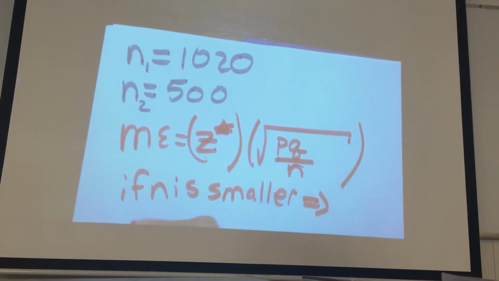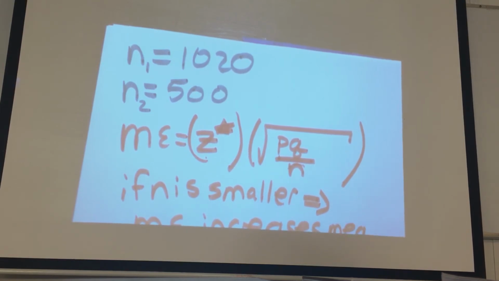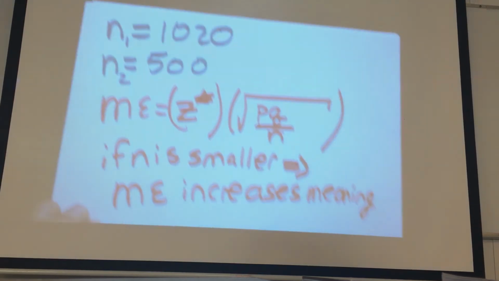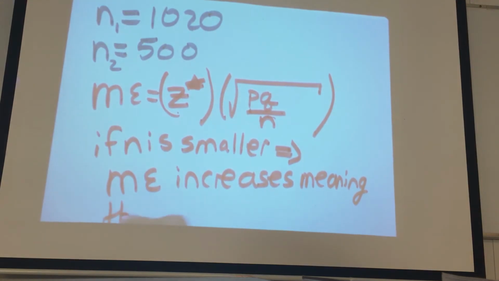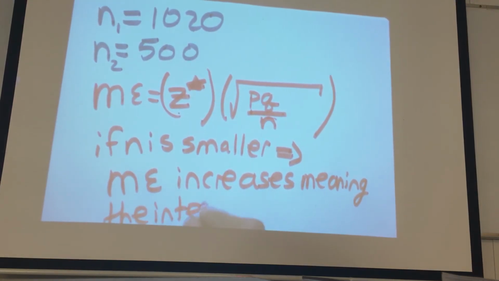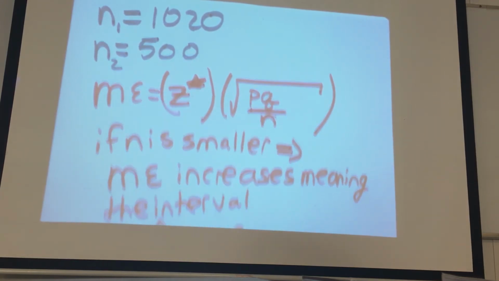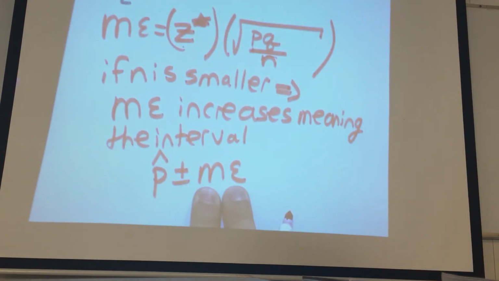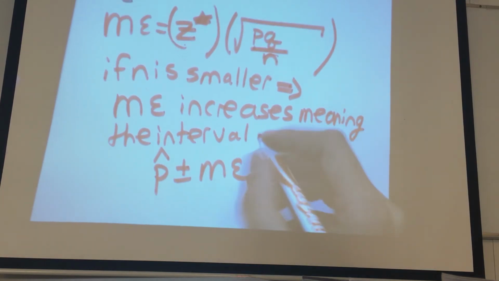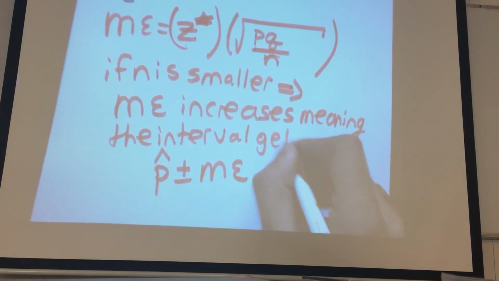So if n is smaller, the margin of error increases, meaning the interval, and remember the interval was just p hat plus or minus the margin of error. So if the margin of error gets bigger, the interval must also get bigger. Or gets wider if you want.